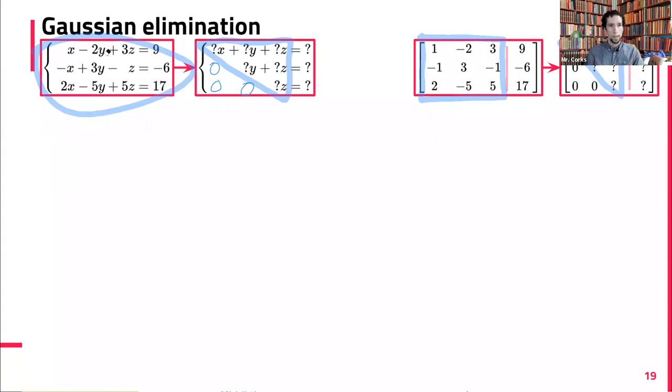So let's actually try to do this. We'll do this simultaneously with the system of equations and the matrix at the same time. So row 1, row 2, row 3. With a system of equations, what would be your first step using elimination?